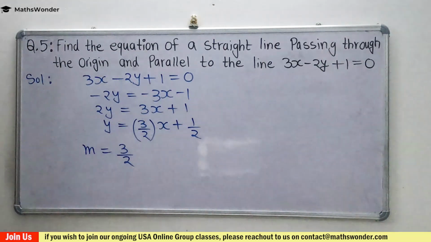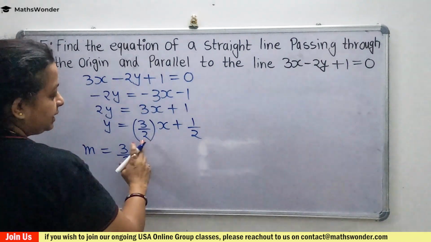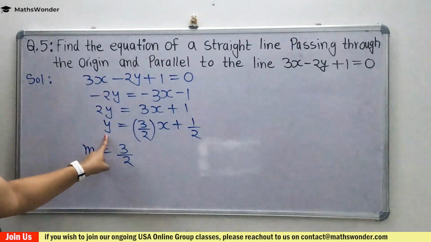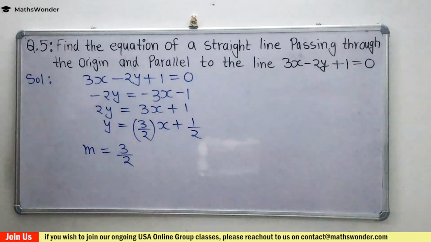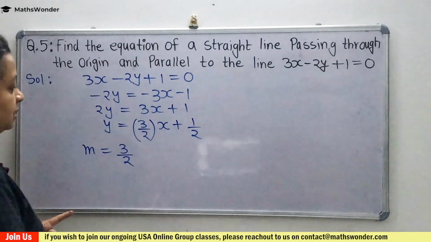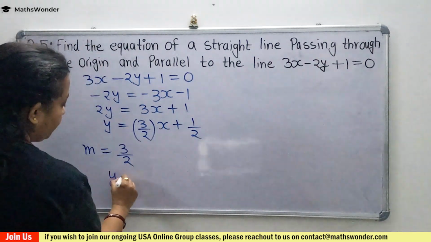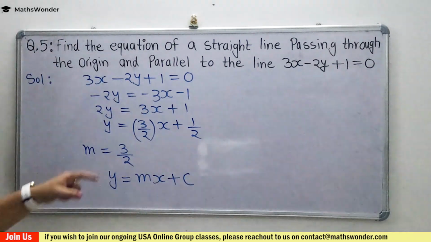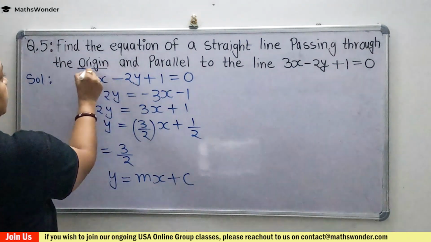So let the equation of the required line be y is equals to 3 over 2 x plus c, right? You know this is your m and this is your c, since y is equals to mx plus c. But the condition given is that it's passing through the origin, right?